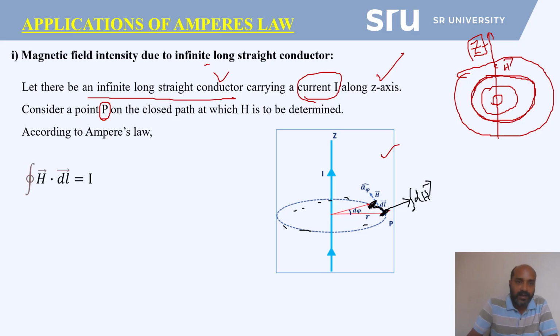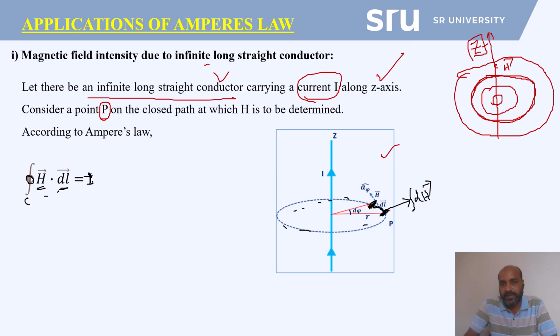As per Ampere's law, the line integral, or you can say contour integral, or closed path integral, of magnetic field intensity over a closed path is equal to the current enclosed by that path.